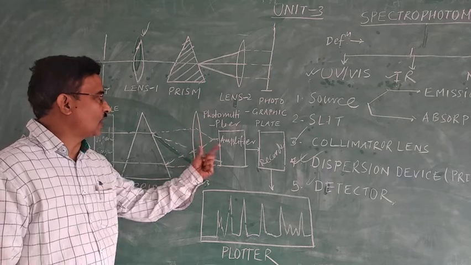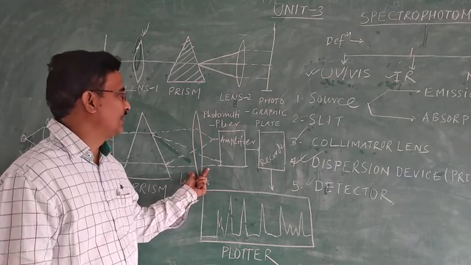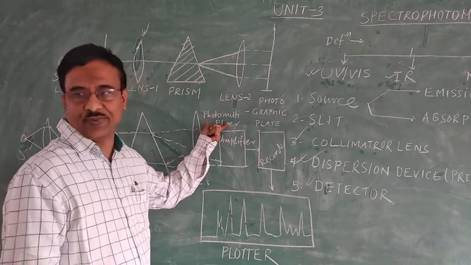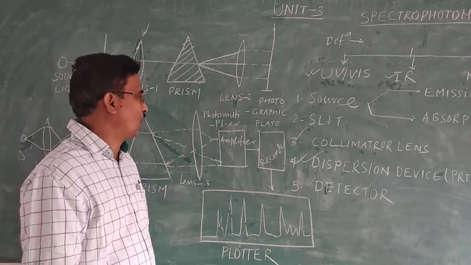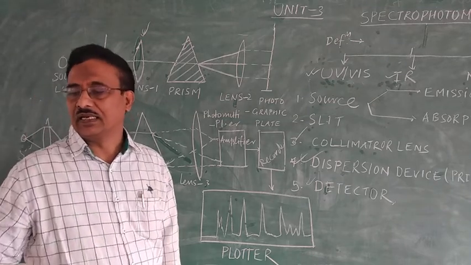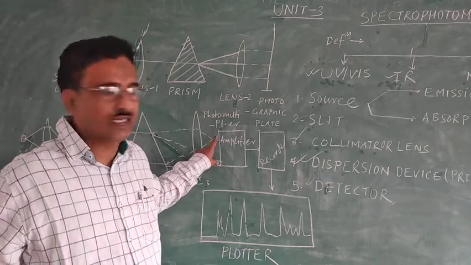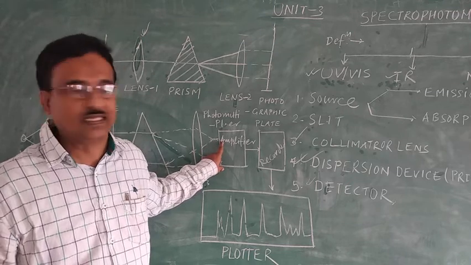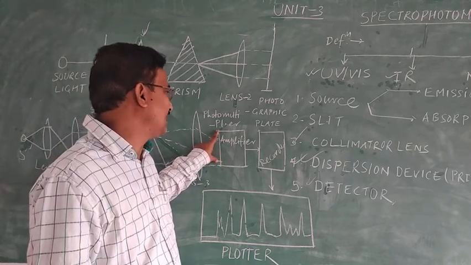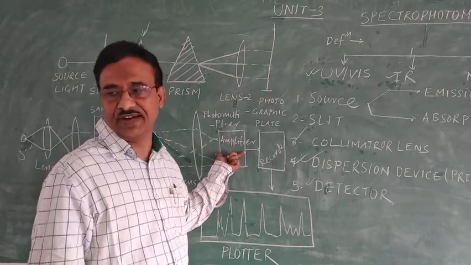After crossing lens 3, it falls on the photomultiplier instrument. In the photomultiplier, after accepting the types of frequency, they send the lines of band to the amplifier.